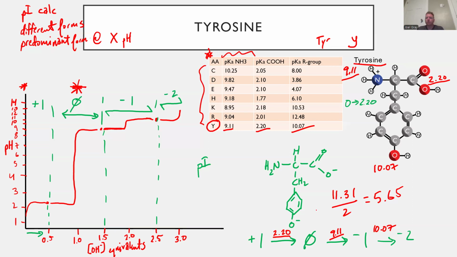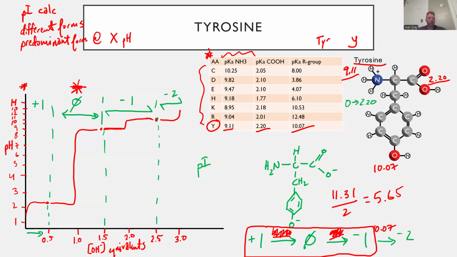Then, when you're listing out all the charges, you see something like +1 to 0, 0 to -1. What are the pKa's from +1 to 0 and from 0 to -1? Add those two pKa values, divide by 2. That's your pI.